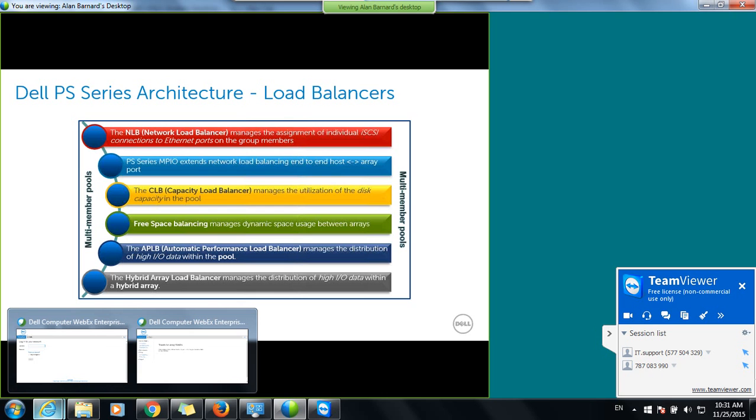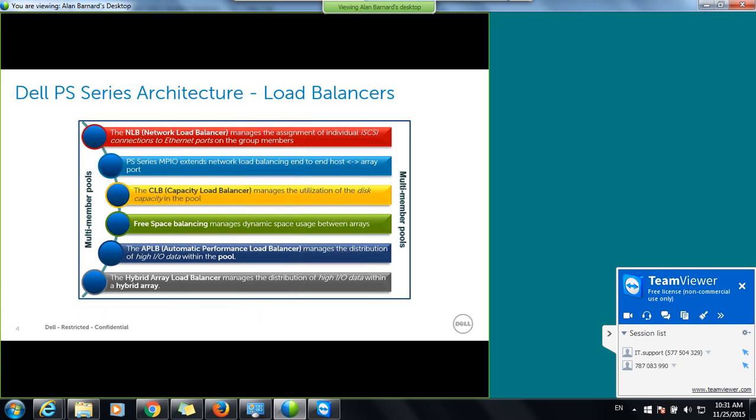Next is free space balancing. It's just to maintain free space distribution across members. This is really important if you have members that have different capacities. Like I mentioned, you can join a smaller member to a bigger member in reality.